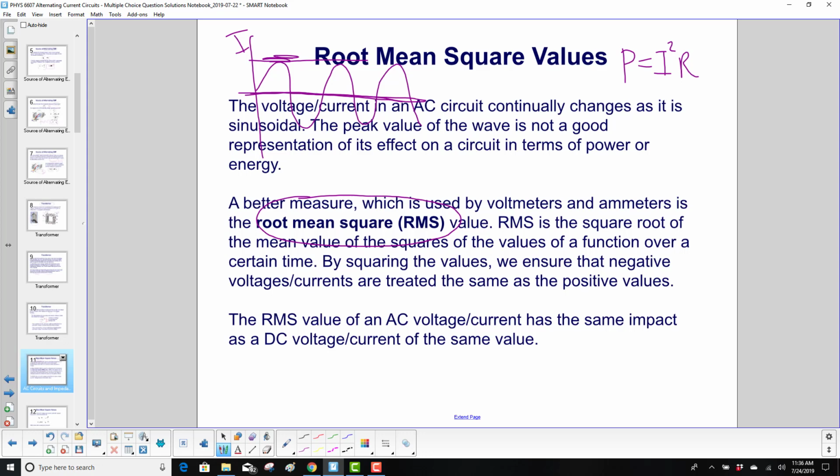By squaring the values, we ensure that the negative voltages and currents are treated the same as the positive values. So we'll be squaring all these voltages, adding everybody together, and then taking the square root of it. This value, the root mean squared value of an AC voltage or current, has the same impact for power reasons as a DC voltage or current of the same value.